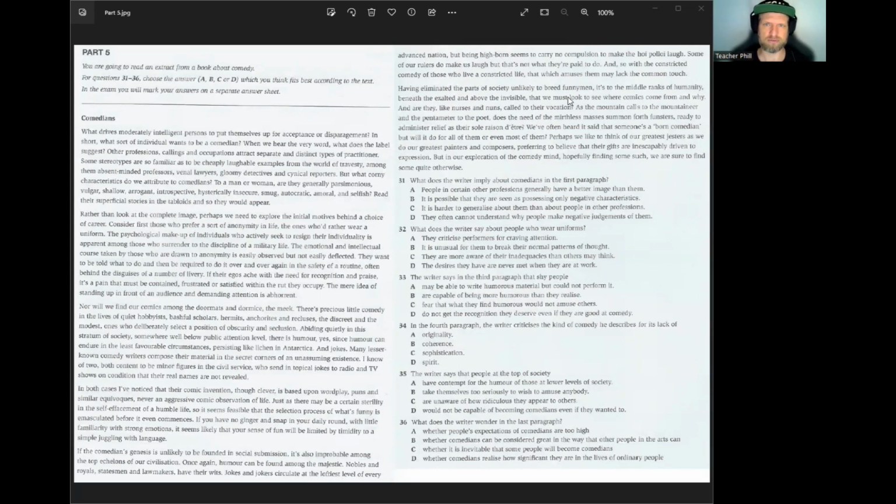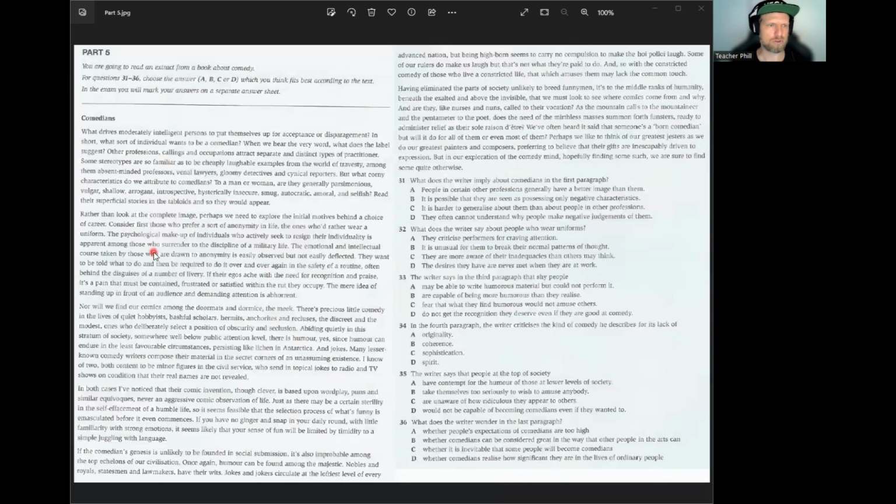So here, part 5, you can see lots to read, 6 different questions with A, B, C, and D. This task screams confusion at me whenever I see it. There are a few things to consider before you even get started. First of all, the questions typically follow the order of the text, which is great for you. That means most of the time you have the right number of paragraphs even.